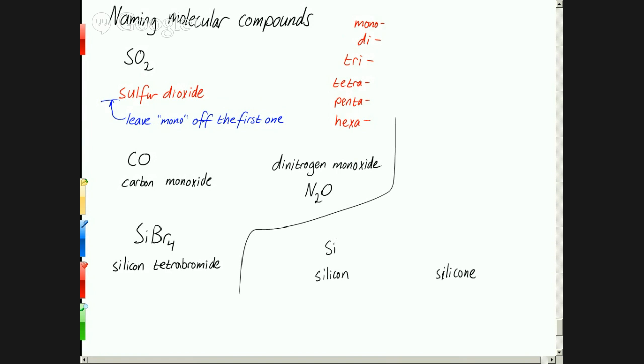Silicone is a polymer, which means it's a huge molecule that is made up of silicon and oxygen bonds and some carbon as well.